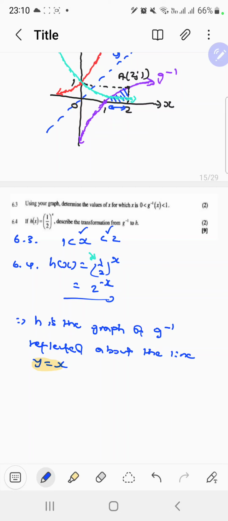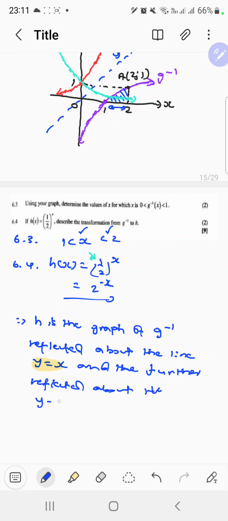Reflected about the line y equal to x, and then further reflected about the y-axis, to obtain the graph of h.